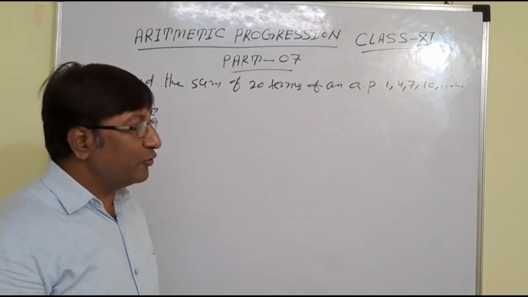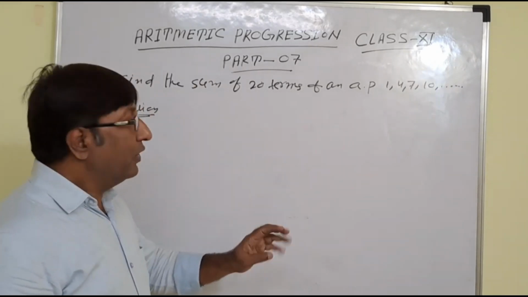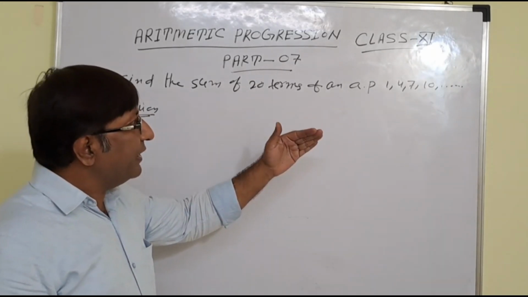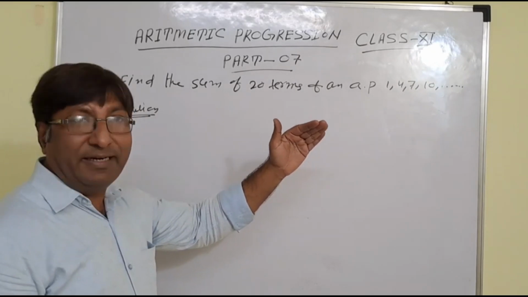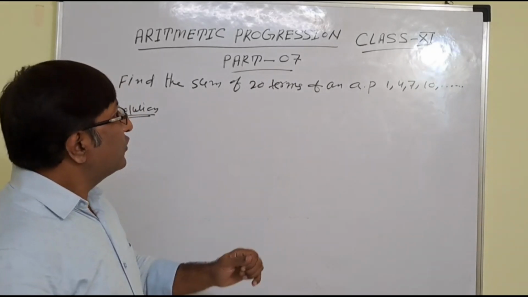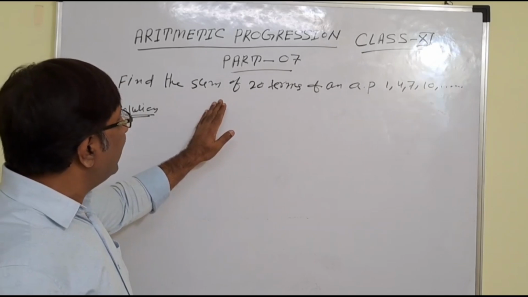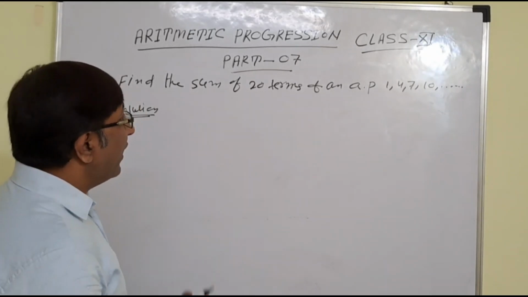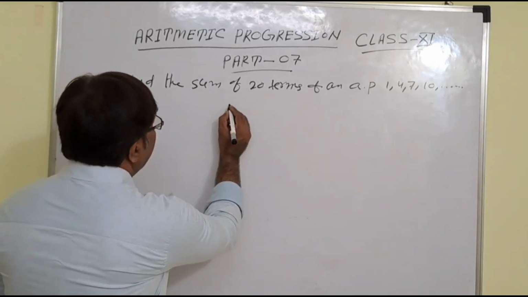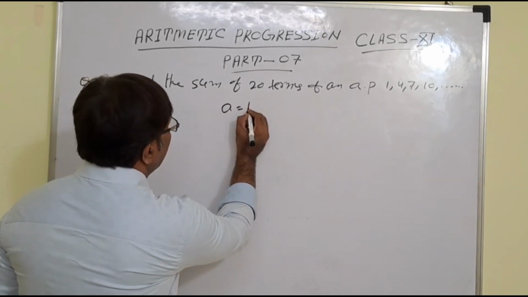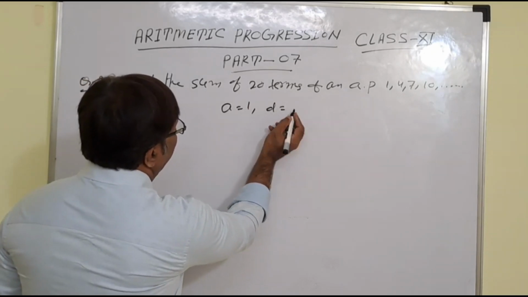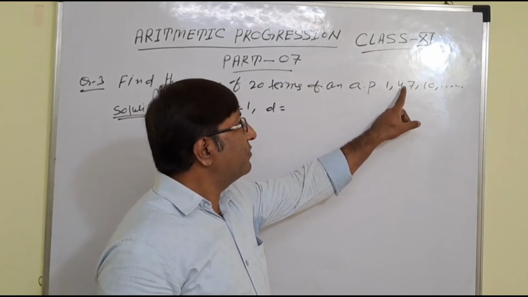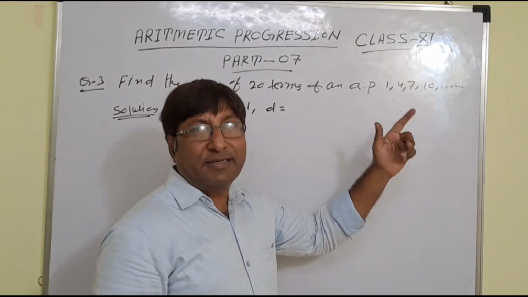Now see the next question, question number 3. Find the sum of 20 terms of an AP 1, 4, 7, 10 up to infinity. We have to find the sum of 20 terms of the AP. Here A, the first term, is 1, and the common difference D is 4 minus 1, 3; 7 minus 4, 3; 10 minus 7, 3.